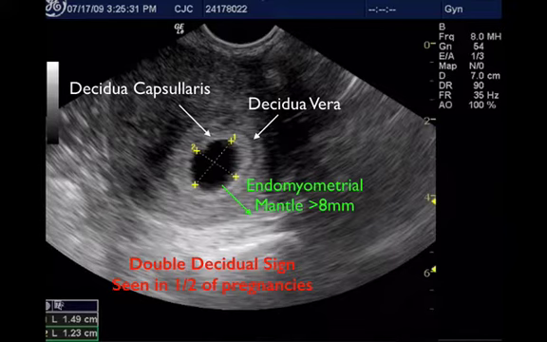The outermost layer is the decidua vera, which is slightly more hypoechoic. The endomyometrial mantle is important for distinguishing interstitial pregnancies, and this should be greater than 8 millimeters from the edge of the gestational sac to the edge of the myometrium.